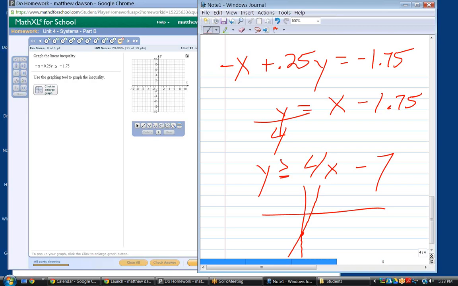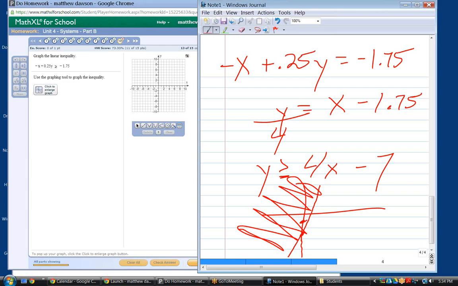Now tell me which side of that line I need to shade. I look to the y-axis and I find a point that is above that line. So that would fulfill my requirement. Well, I can tell which side that's on of the line. So that's what it looks like.